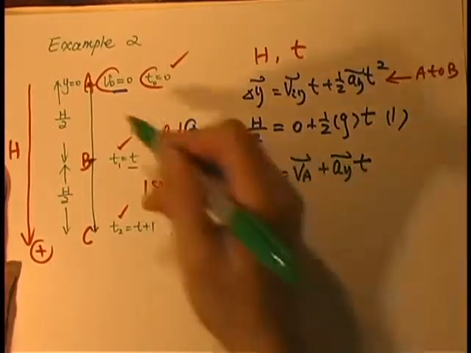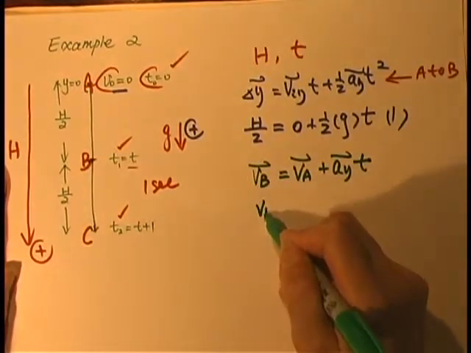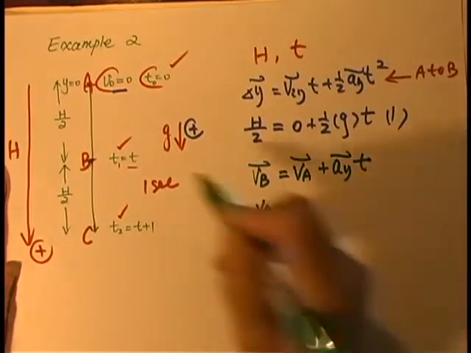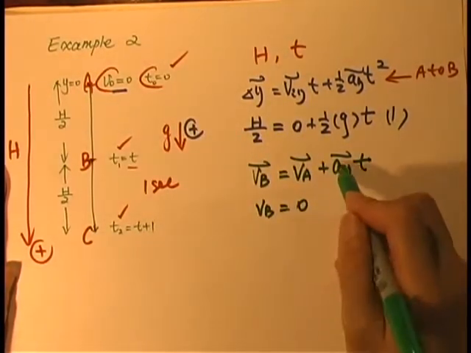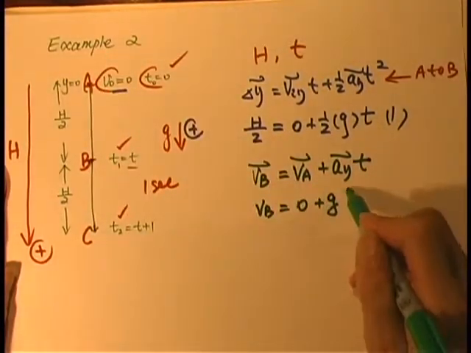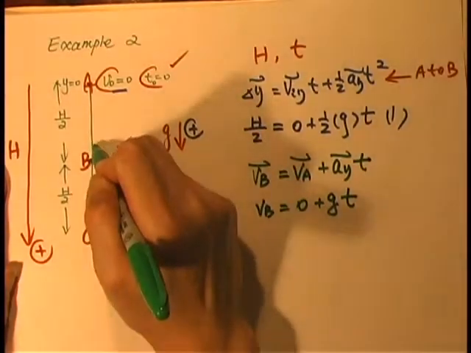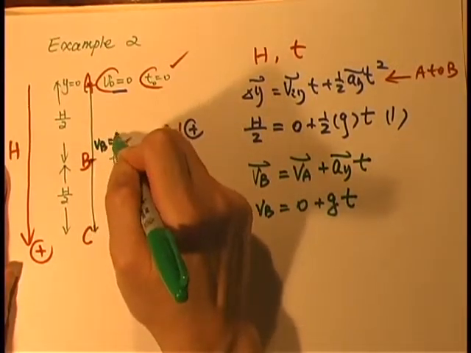We apply this equation from A to B again. VB is what we want. VA is 0 because right here. Acceleration is g. This t is t seconds. So the magnitude of v at point B is gt. So right here, VB equals gt.